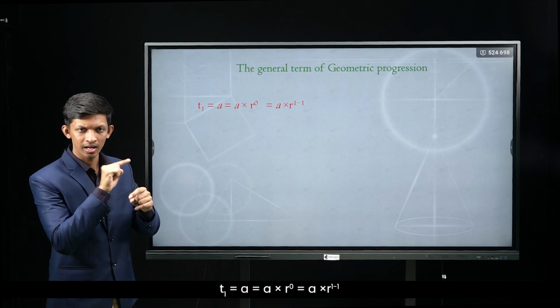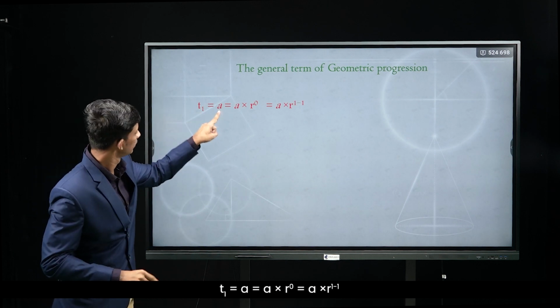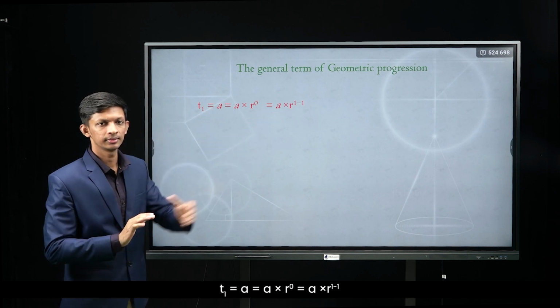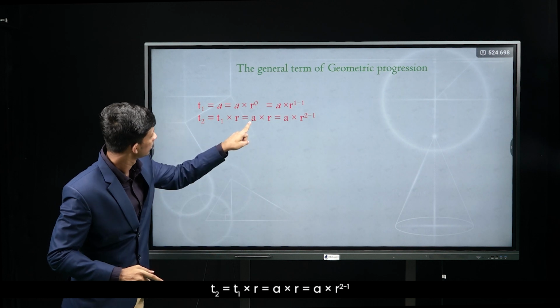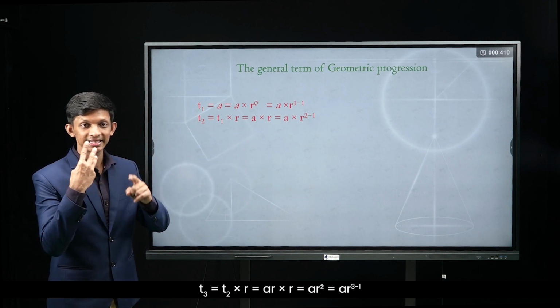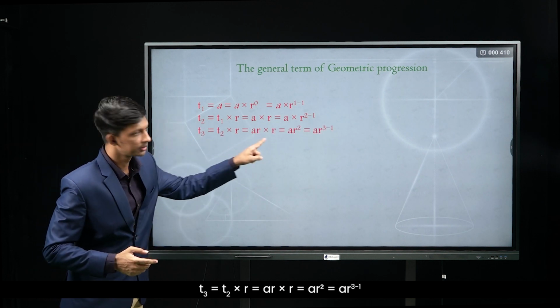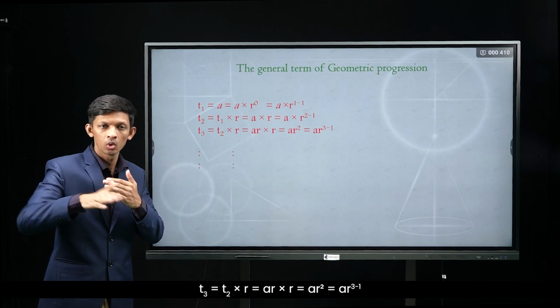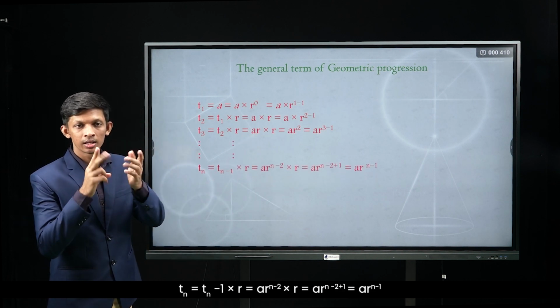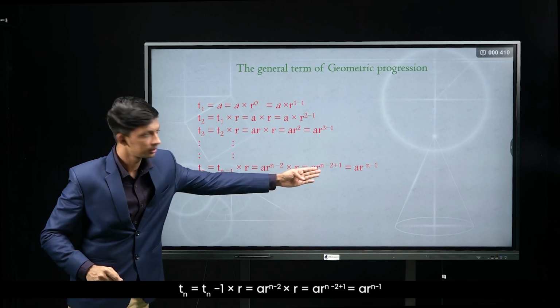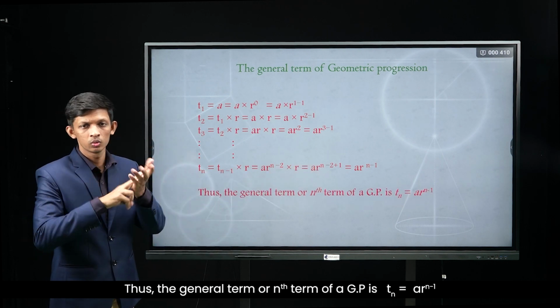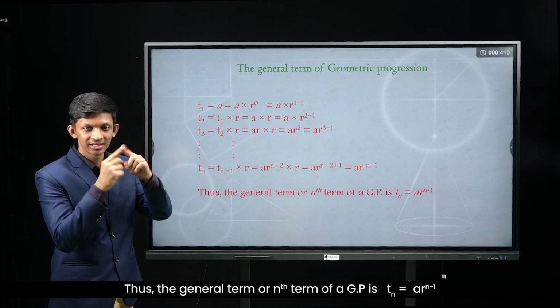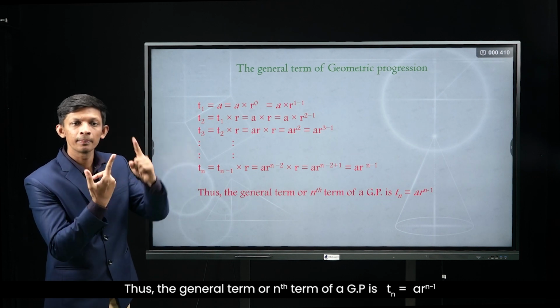Then T1 is equal to A, T2 is equal to A into R, T3 is equal to AR square, and so on, Tn is equal to AR power n minus 1. Thus, the general term or nth term of a geometric progression is Tn is equal to AR power n minus 1.